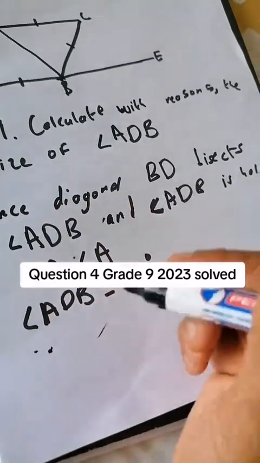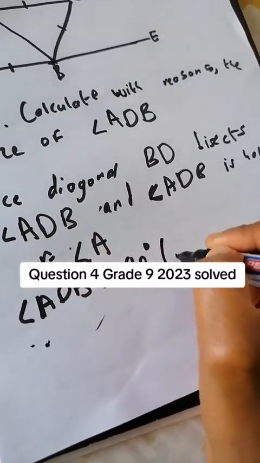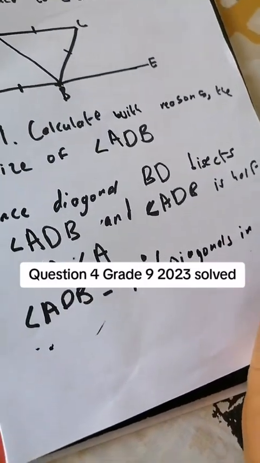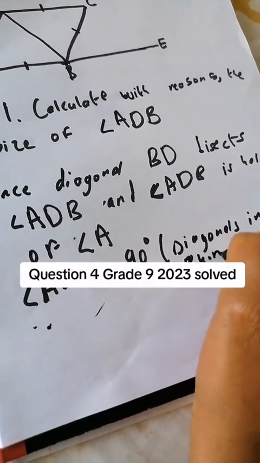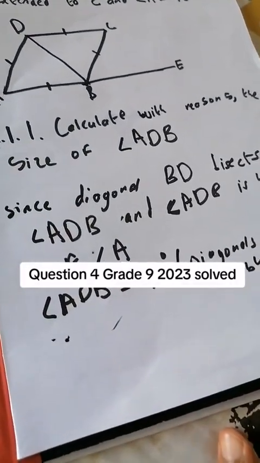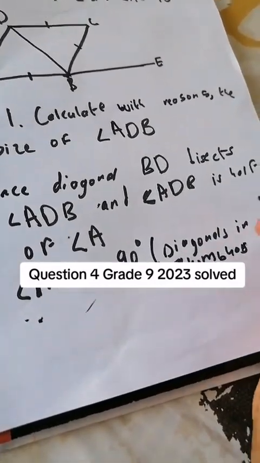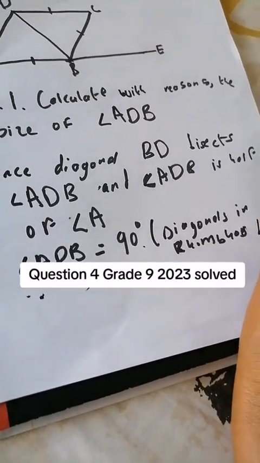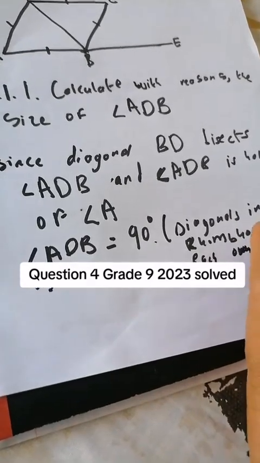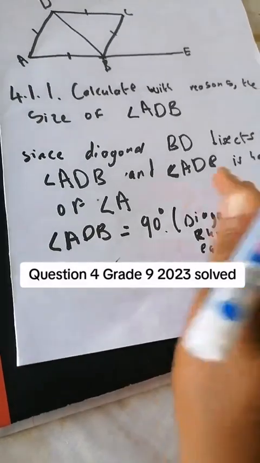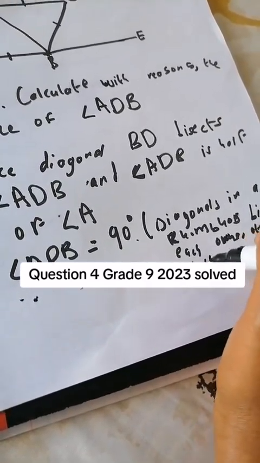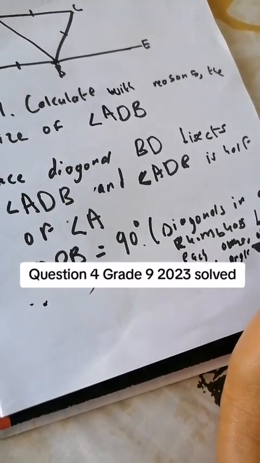Your reason is: diagonals in a rhombus bisect each other at the right angles. Then you put your bracket.